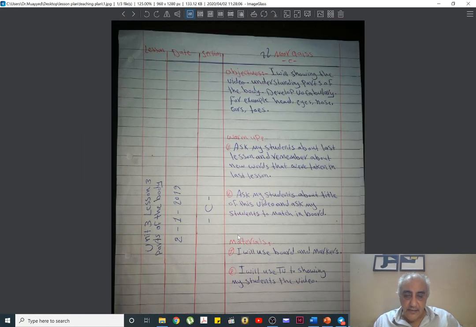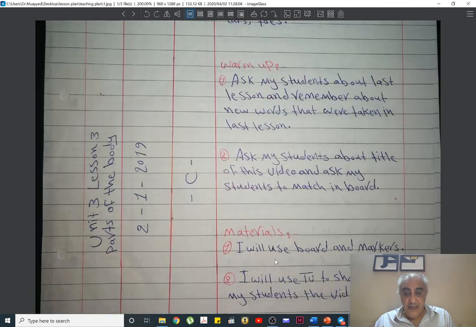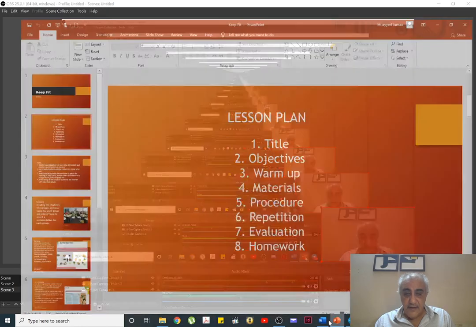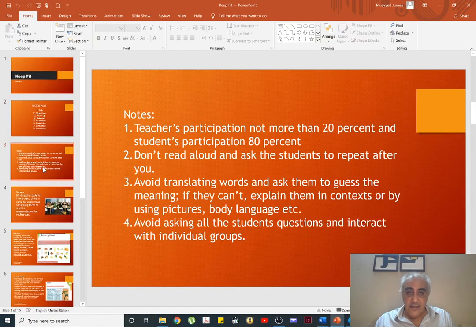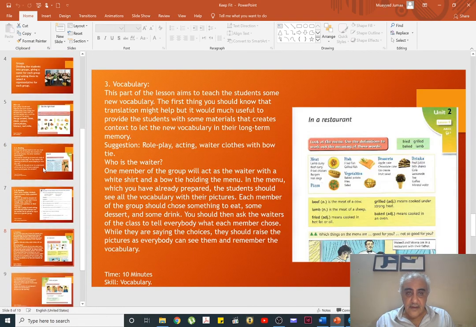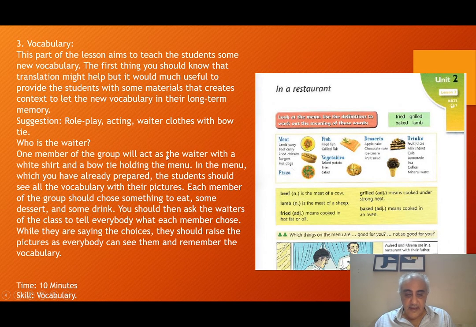And here, it's important to tell me something about the materials that you are going to use. So what are the materials that we're going to use, particularly with reference to the procedure that we're going to talk about here? All right, with reference to this part, the part of the vocabulary, you need some kind of materials here.